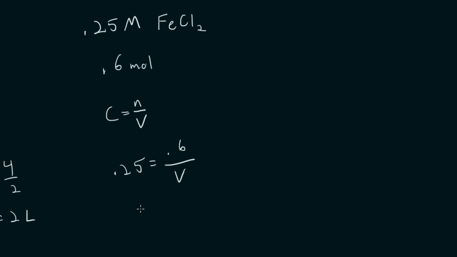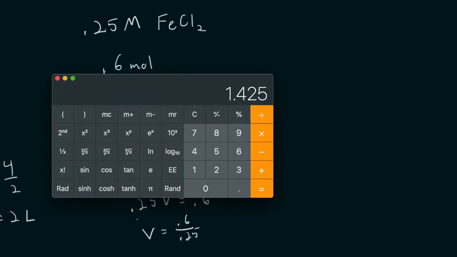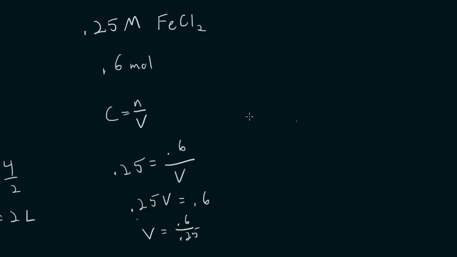So now volume goes to the other side. 0.25 times V equals 0.6. Now divide by 0.25, and I get V equals 0.6 divided by 0.25. Let's run that calculation. 2.4. And so our volume would be 2.4 liters.